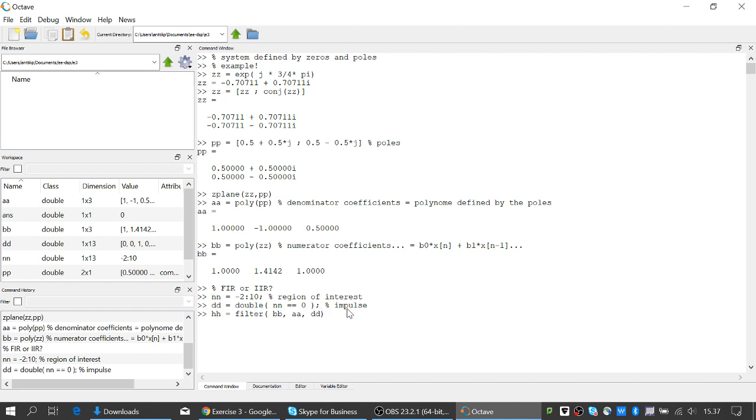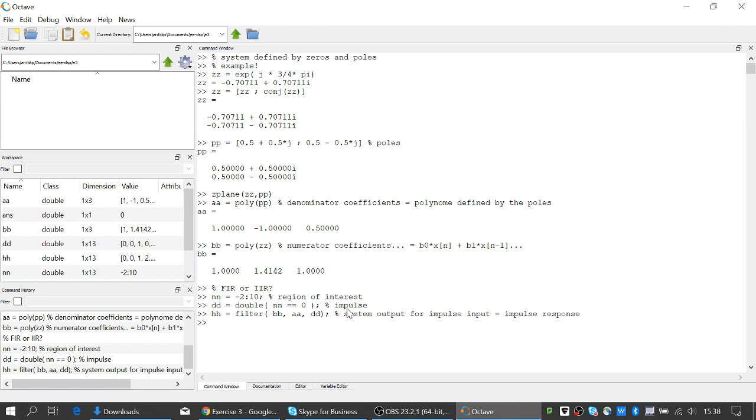All right, and that's the system output for the impulse input, which is the impulse response.